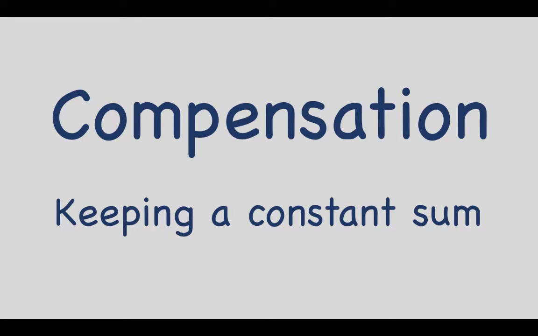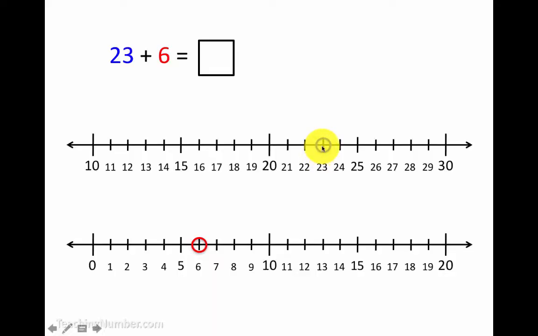For a review of compensation, see stage 7. First, we subtract 3 from 23 to get 20. Our knowledge of compensation tells us that we must then also add 3 to 6 to get 9. Thus, we have shown that 23 plus 6 is the same as 20 plus 9, which is 29.